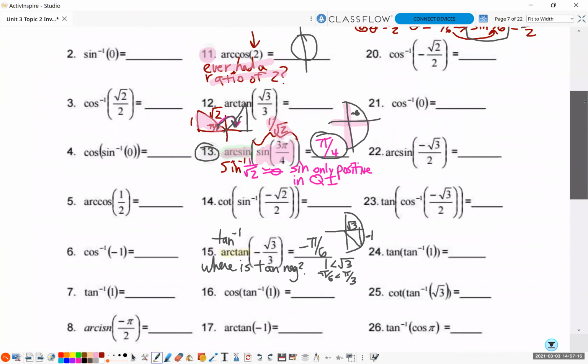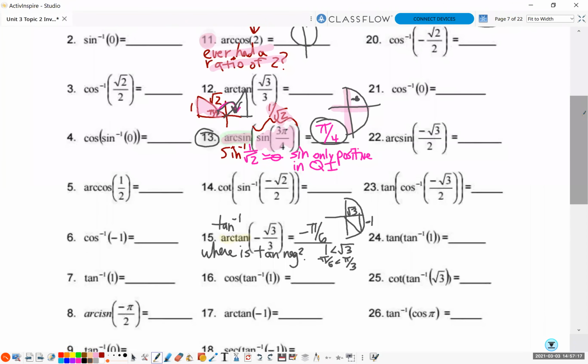All right, so I did number 19. Let's look at number 15. Okay, so 15 is just an inverse tan. It's negative, so that means it's going to be in quadrant 4. If it's negative square root of 3 over 3, that means it was negative 1 over square root of 3.